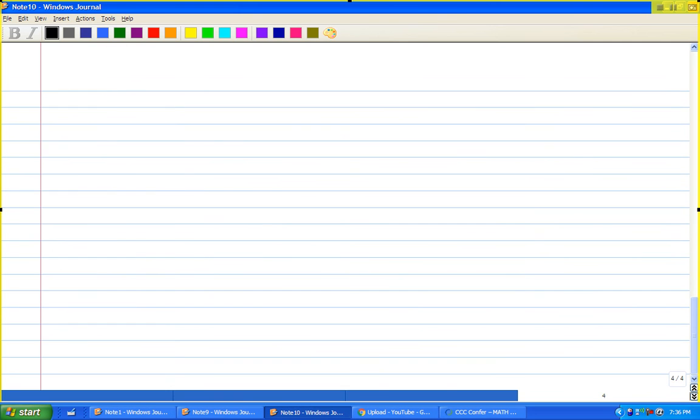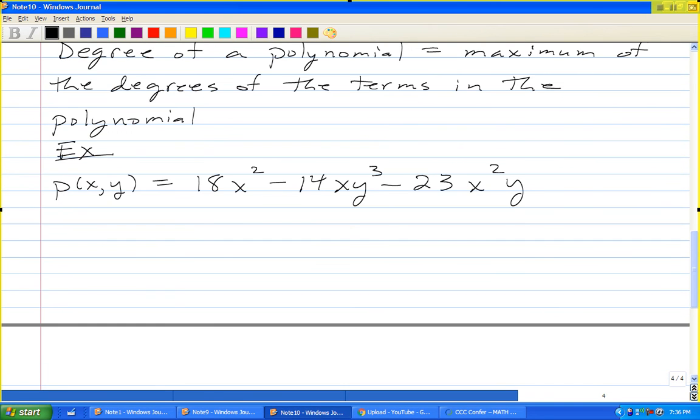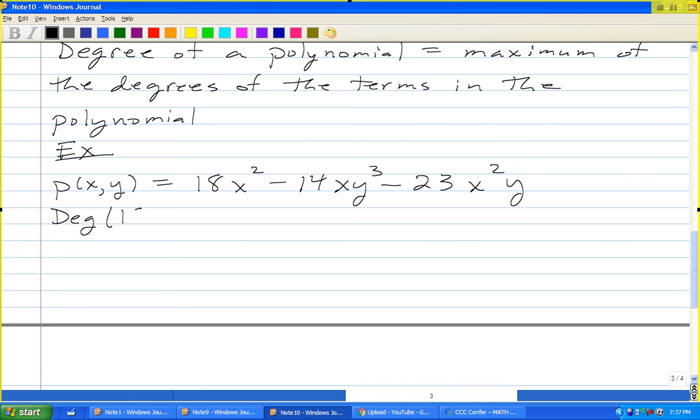Well, let's find the degree of this polynomial. First, the degree of 18x squared is just going to equal 2.